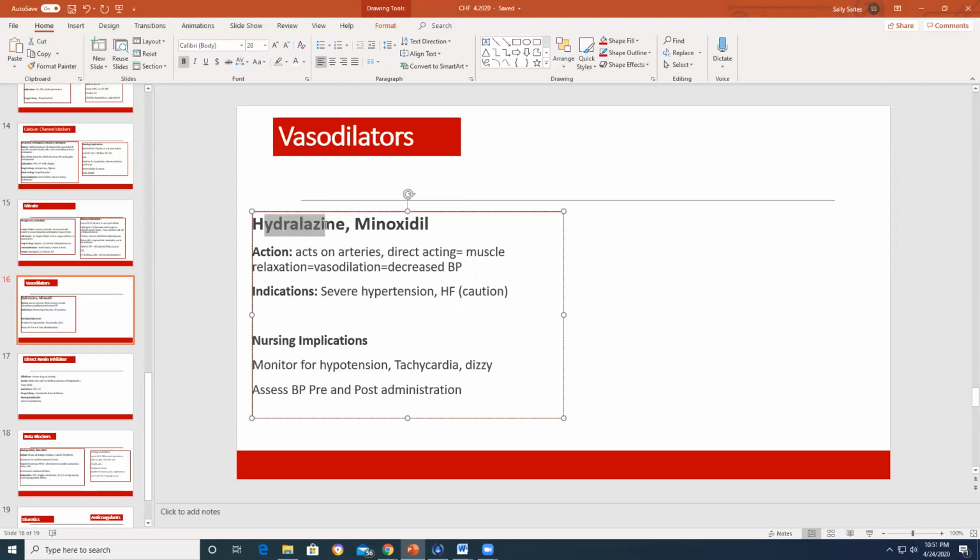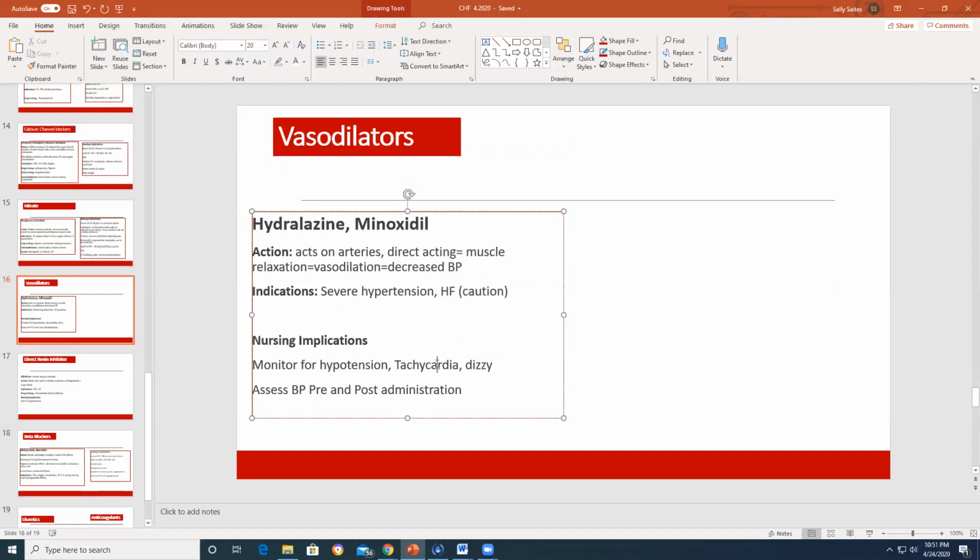So it comes in PO and IV push. It is indicated for severe hypertension, but also, like I said, for hypertension where we can't safely adjust the heart rate either. A caution though with heart failure, because it can actually cause rebound tachycardia.